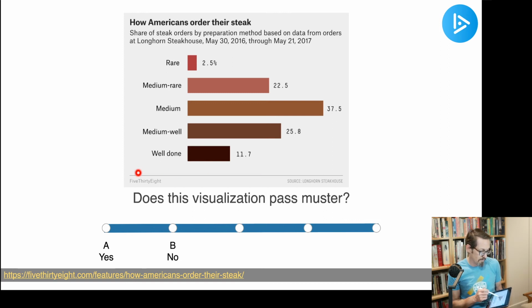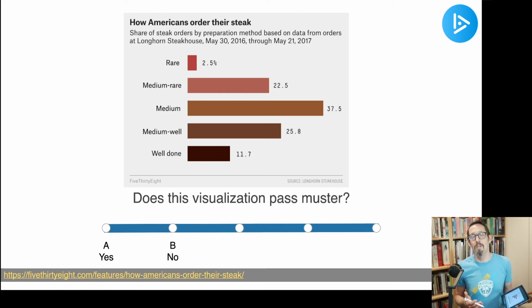The coloration is, I'm going to use a Britishism, a bit twee. It's kind of chart cruft for chart cruft's sake, right?